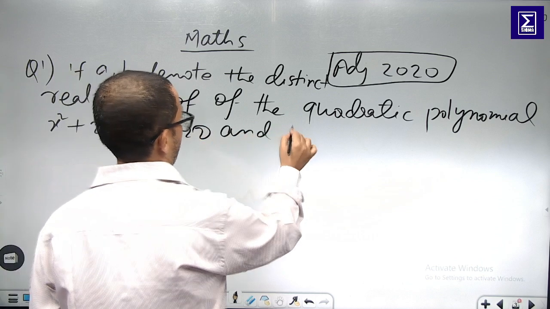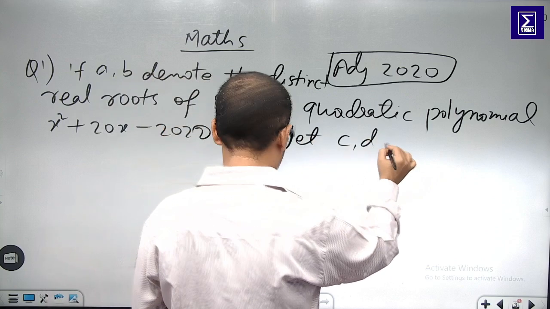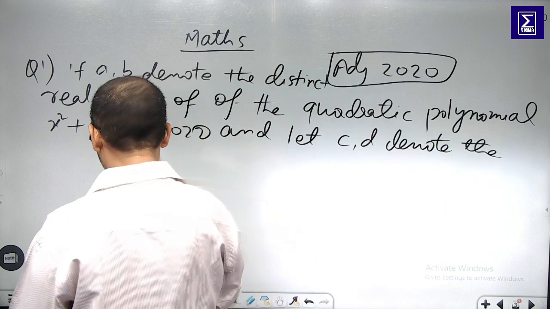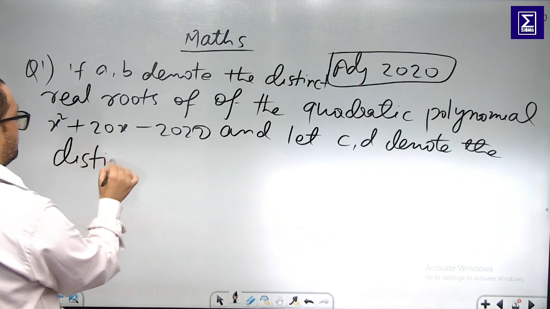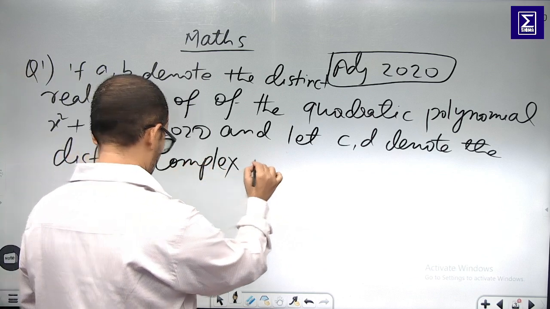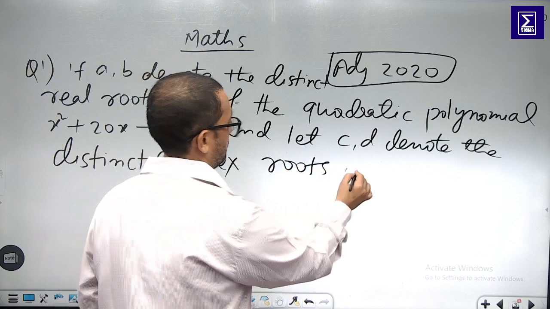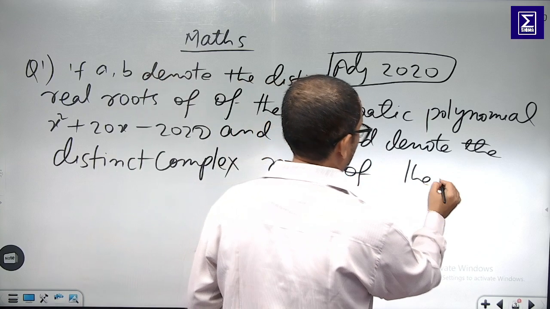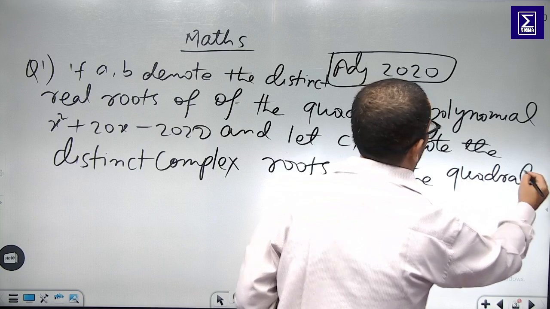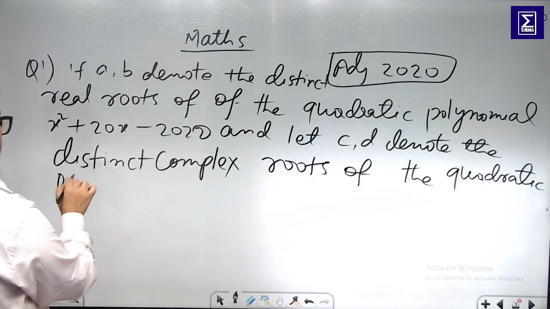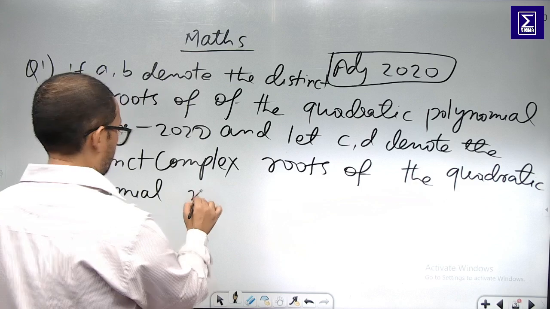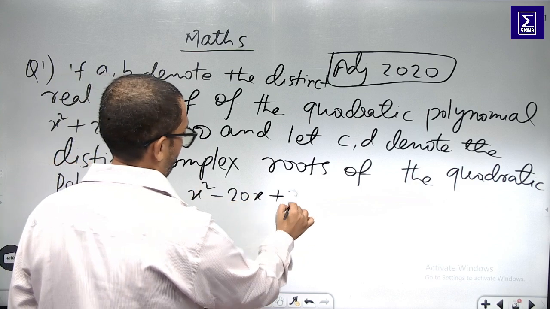and let c, d denote the distinct complex roots of the quadratic polynomial x square minus 20x plus 2020.